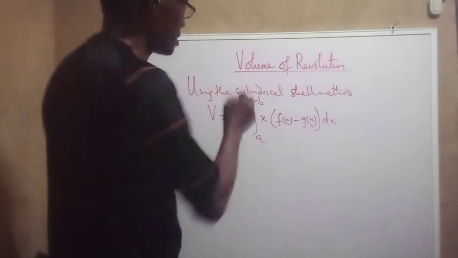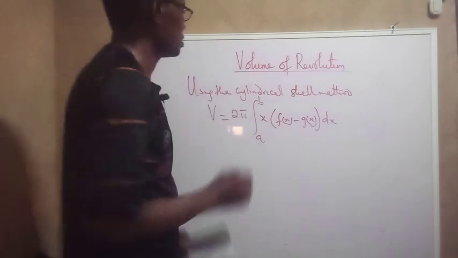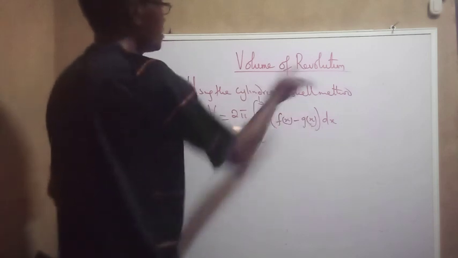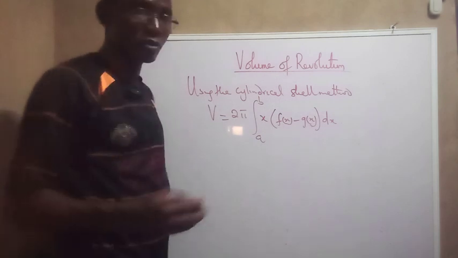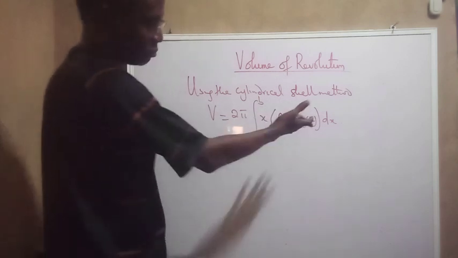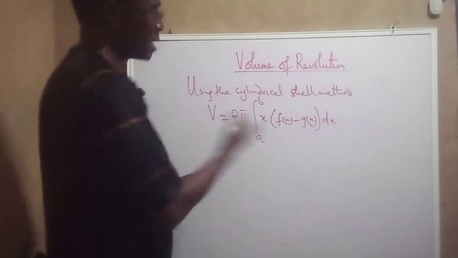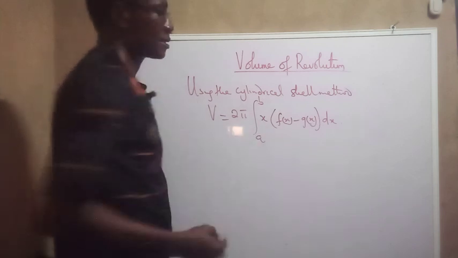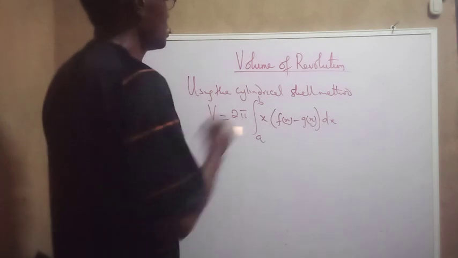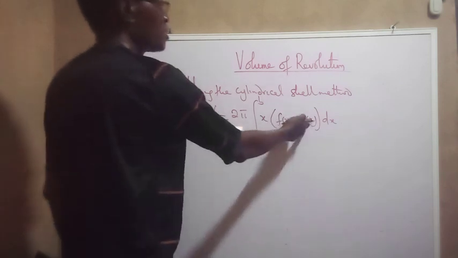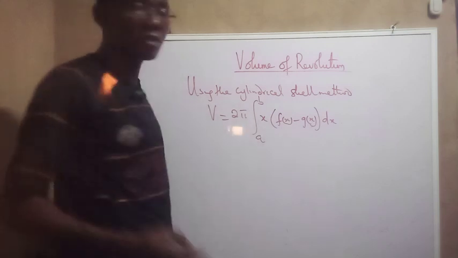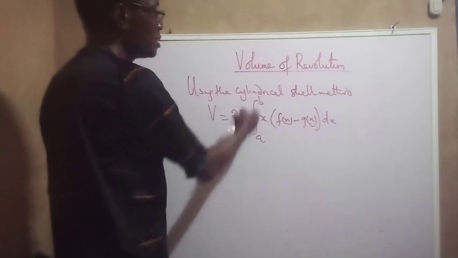Remember, this is the standard cylindrical shell method when two curves are in play. Don't forget I said x represents the radius, and these are both continuous functions. a and b are the limits of integration, the lower limit and the upper limit.